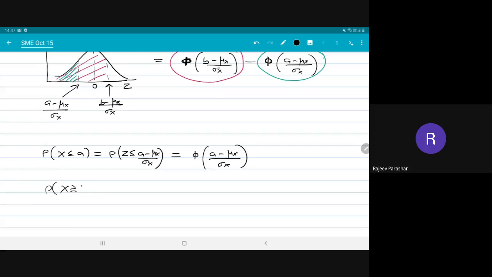Probability x greater than or equal to b is the probability z is greater than b minus mu of x by sigma of x. This is 1 minus this. Any problems till here? All right.